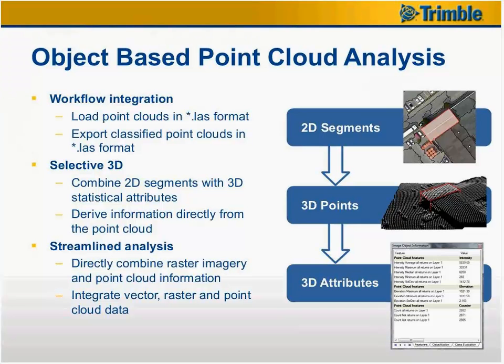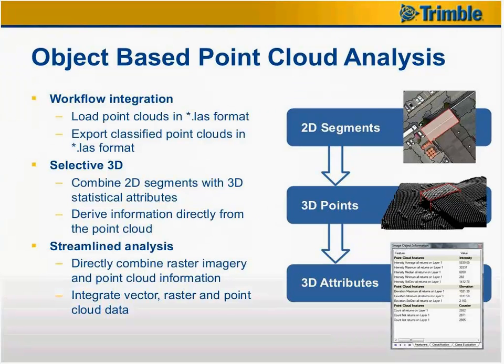Bottom line, in eCognition 8.7, with the new export LAS file algorithm and the new point cloud features, it is now possible to have a streamlined analysis of point cloud information. It is possible to load point cloud data in eCognition.